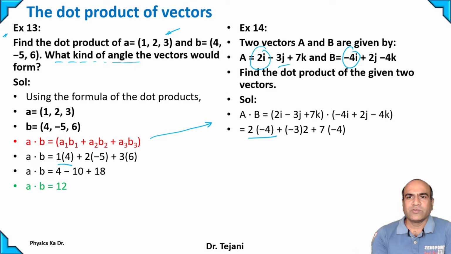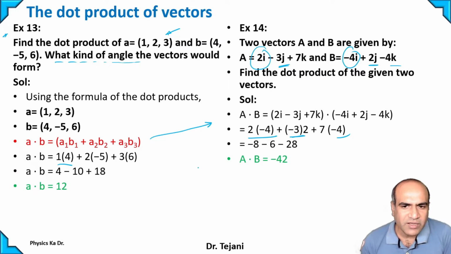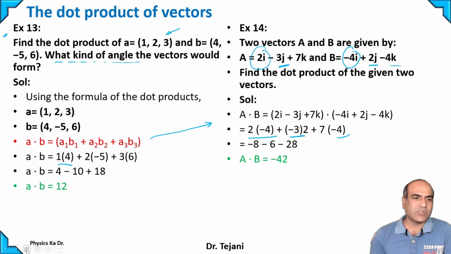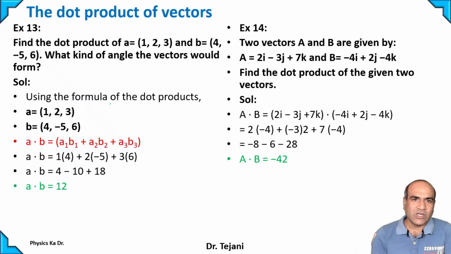Then minus 3 multiplied by 2, and here 4 multiplied by minus 4. So ultimately it gives us minus 42. The solution is minus 42. The vector dot product gives a scalar. Right?